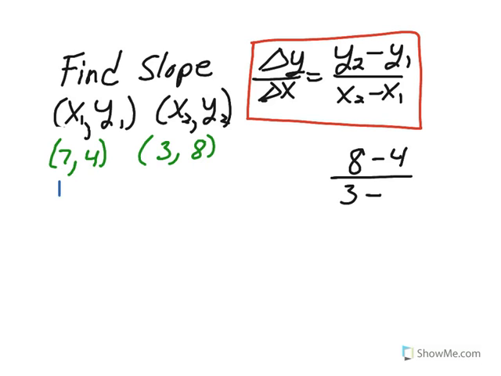We see that x sub 1 is 7. Let's do this arithmetic. Through these calculations, we see the slope is -1. Please pause the video and copy this into your notes.